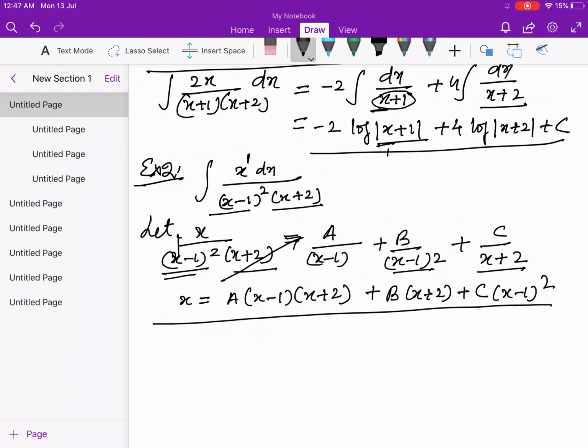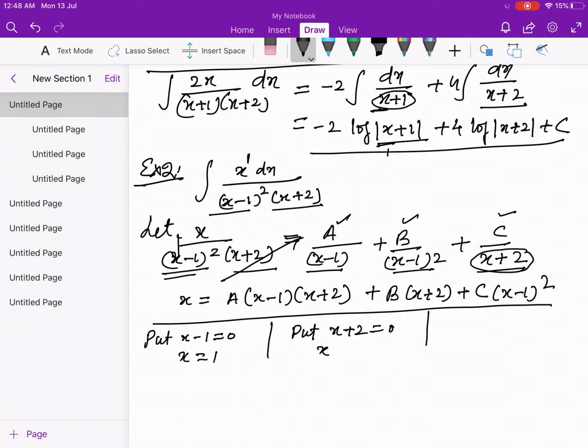Now to find the values of a, b and c, put x minus 1 equal to 0, one thing. Then put x plus 2 also 0. So x equals 1 here and x equals minus 2.